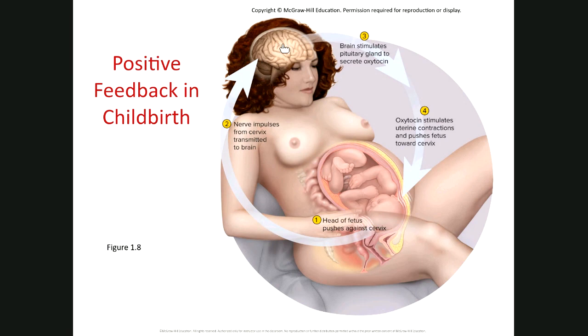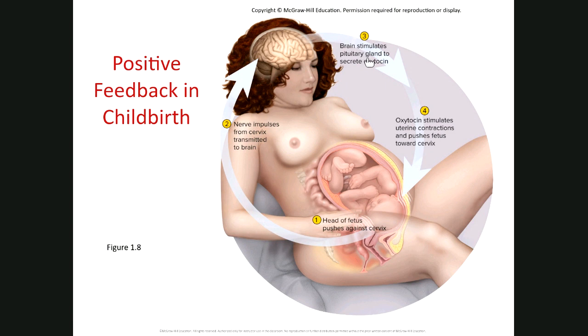Now, the brain then, and I want you to know what part of the brain. It's the pituitary gland, which interestingly is a perfect example of a structure that is part of two different systems of the body. The pituitary gland is part of the nervous system.